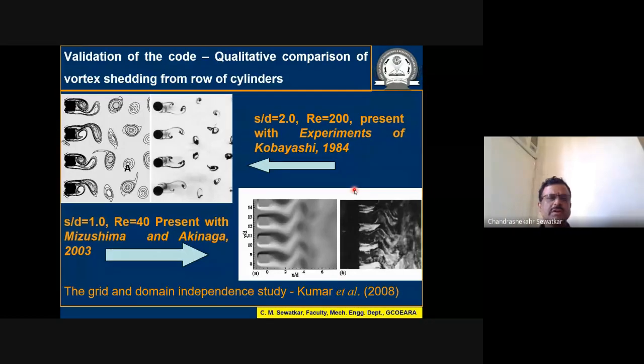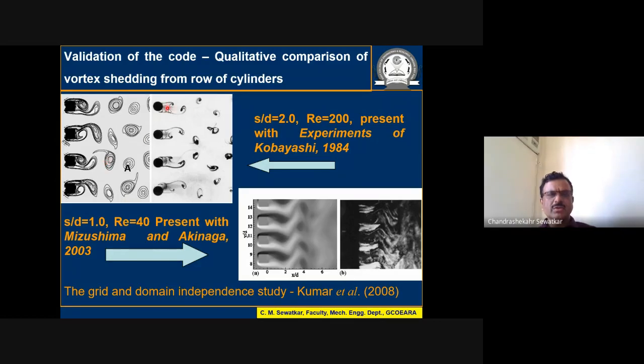We also did the validation of the code to do a qualitative comparison of vortex shedding from the cylinder. These results were available in the literature, but of course for square bodies. These are experimental visualization results given by Mizushima and Akinaga.